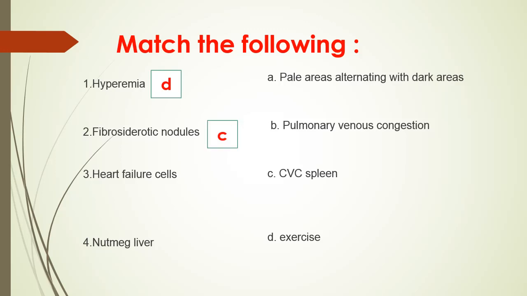C. And where will you find the heart failure cells? Yes, in pulmonary venous congestion. And last, the nutmeg liver, which means pale areas alternating with dark areas on the cut surface of the liver. Thank you.